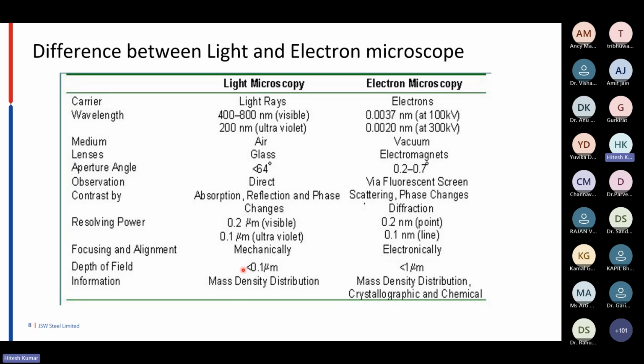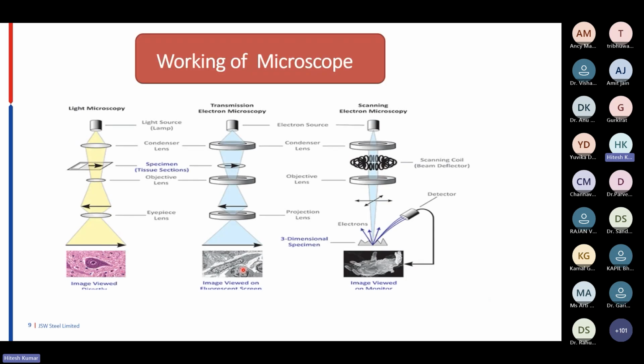That can be easily identified with the help of electron microscopy. So these are the basic information we get with electron as well as light microscopy.